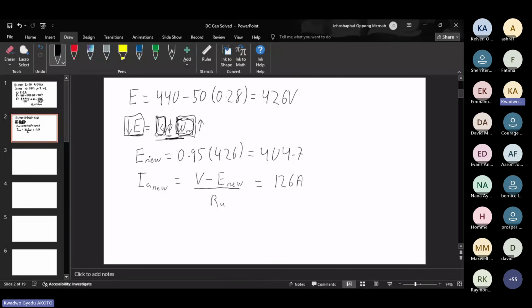So our new E is just going to be 95% of our old E because we know that phi has reduced by 5%, right? So the new phi is 95% of the old phi. So our new E is going to be 95% of our old E. And with that in mind, our momentary increase in current is just going to be V minus our new E divided by RA, which is this.